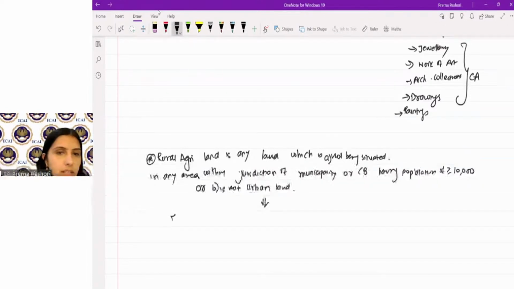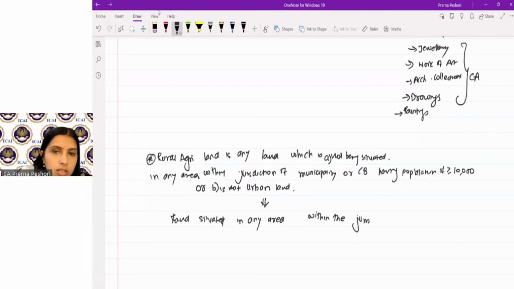So urban land means land situated in any area within the jurisdiction of municipal corporation or a cantonment board and fulfills the following condition.